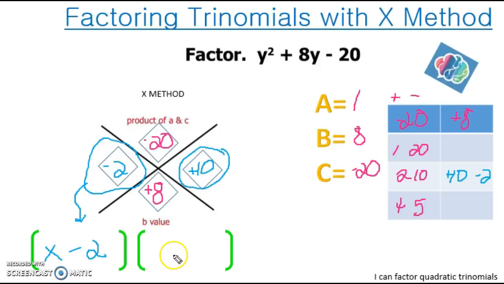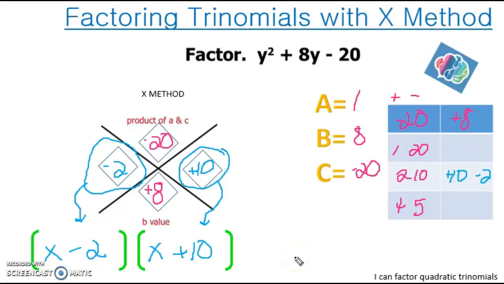Now let's go to our second binomial. Once again, the a value is 1, so it's 1x, and the second term is a positive 10. Done. So now we have our two binomials that get multiplied together to give us our quadratic.